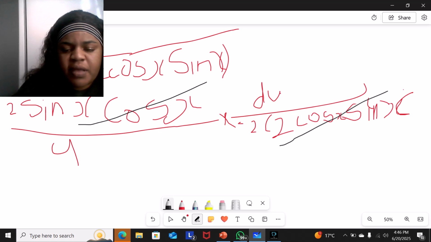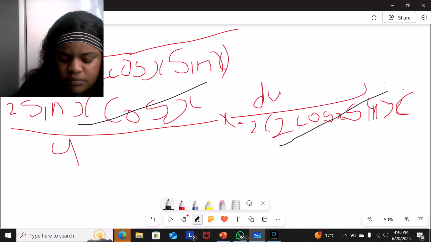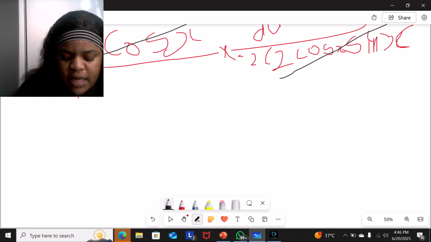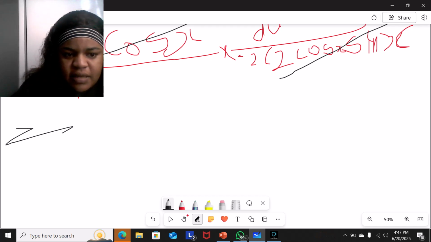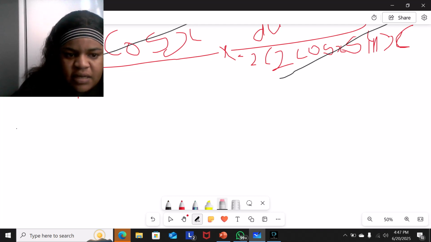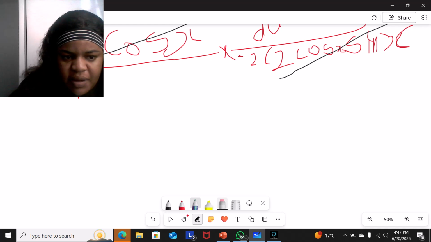Because they are the same, and this one is positive, this one is negative, and then this one will subtract this one. And then I continue. I'm left with what?